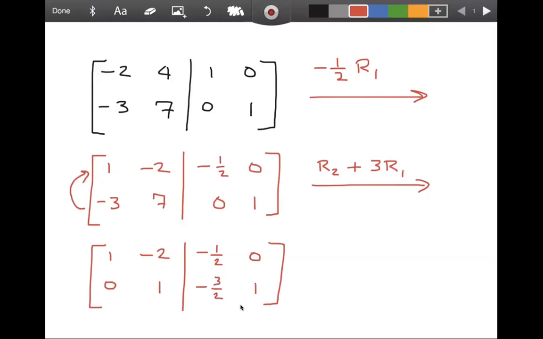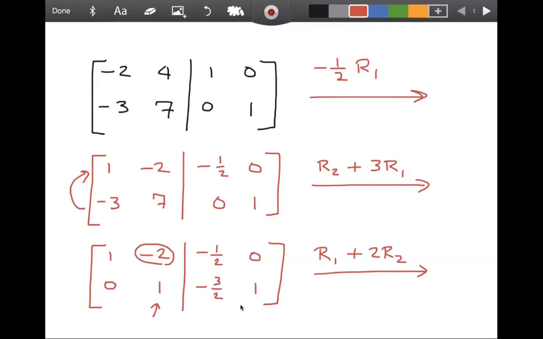We lucked out with the 1 in this spot because if I didn't already have a 1 there, I would be using elementary row operation number 2 to get a 1 there. So really the only thing left to do is to get a 0 in this spot. And we're going to do that using elementary row operation number 3. We're going to change row 1 by adding 2 times row 2.